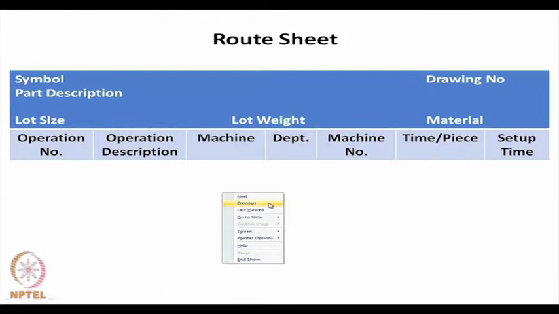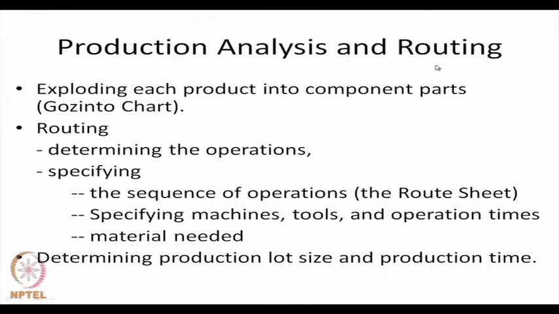So, in the product analysis and routing, we explored each product into component parts. Then we also do routing, in which we determine the operations and specify the sequence of operations through the route sheet, which we have now shown, and then we can also specify the machines, tools and different times and material needed, and also determine the production lot size and production time.